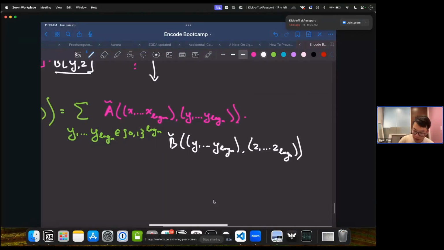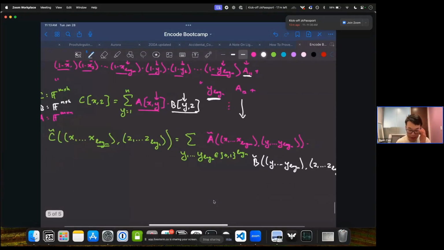These two formulas should look very similar because they represent the exact same thing. It's just that in the above, we are indexing everything in decimal notation, and in the below, we're indexing everything in binary notation. What questions do folks have at this moment?